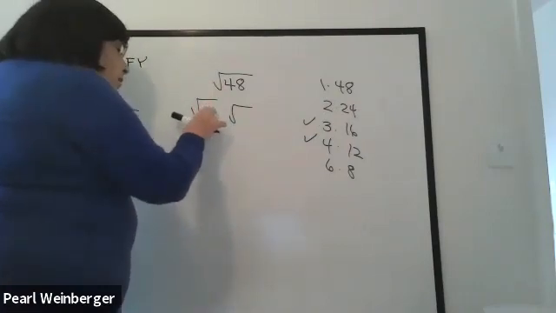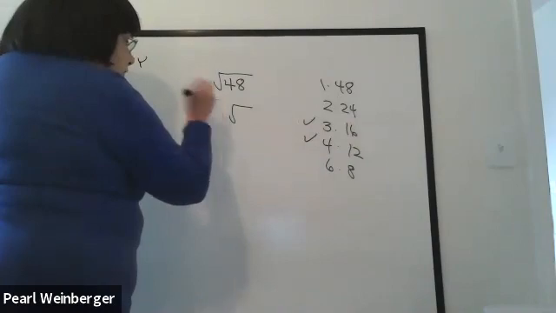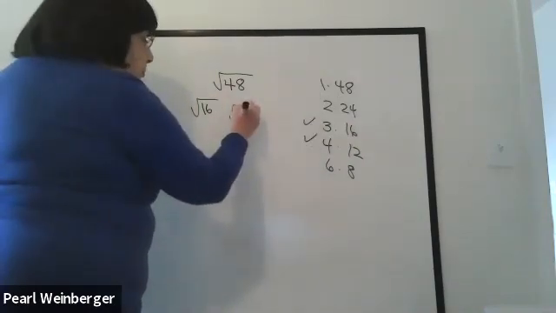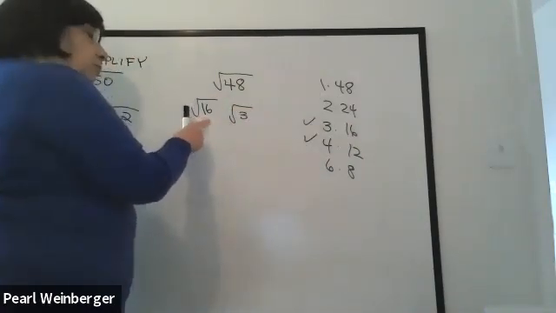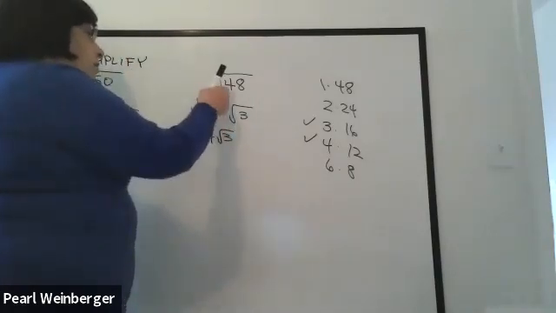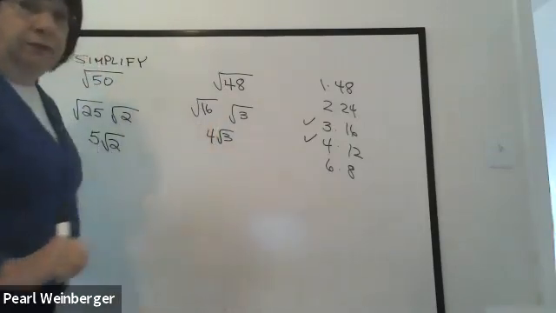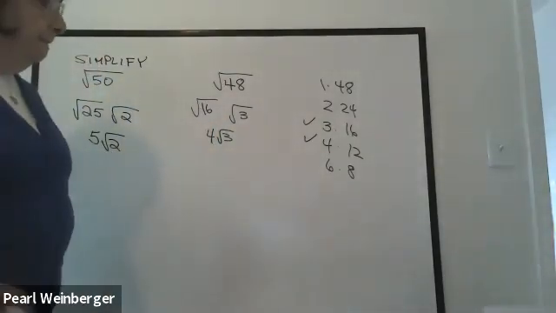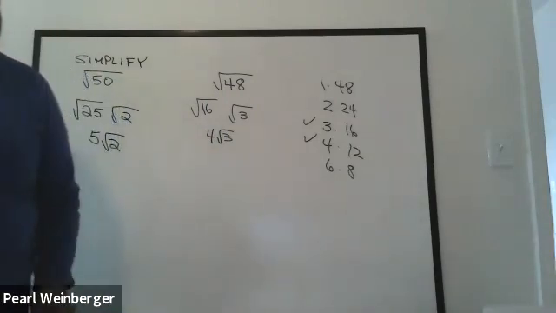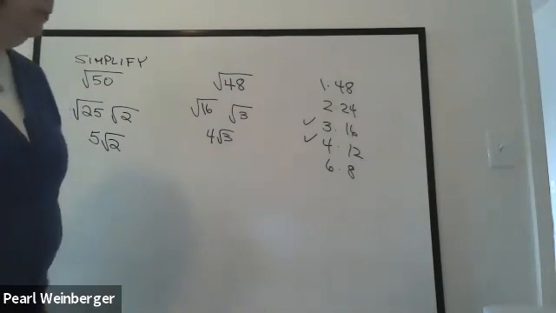Remember, the first radical gets the perfect square, which is the 16. So the 16 goes in front. The 3 goes in the second. And the square root of 16 is 4. So we simplify the square root of 48 into 4 radical 3.